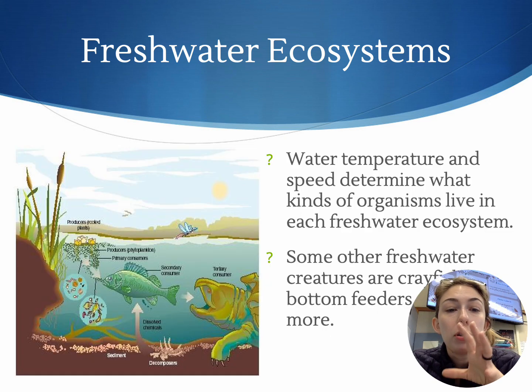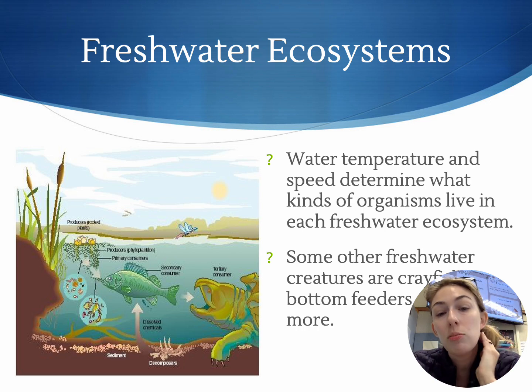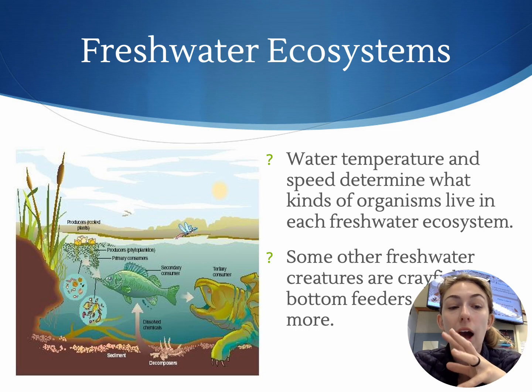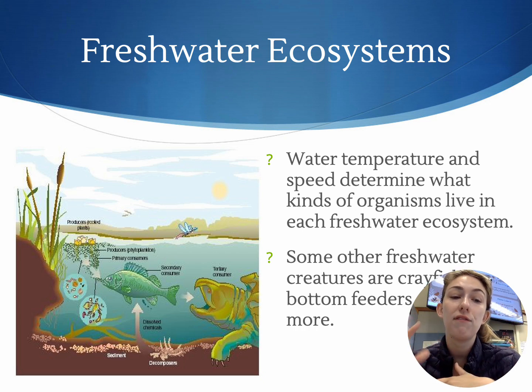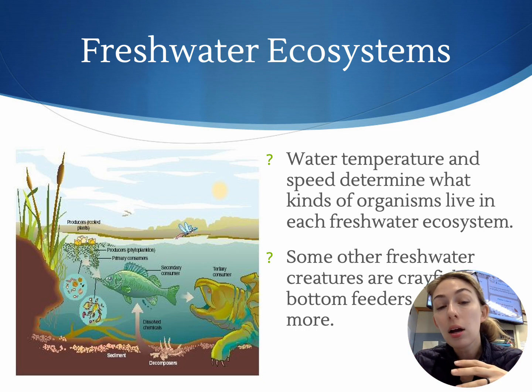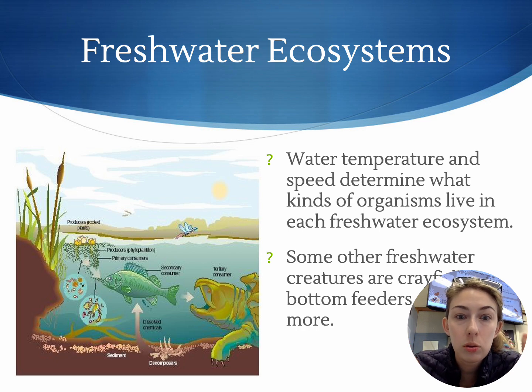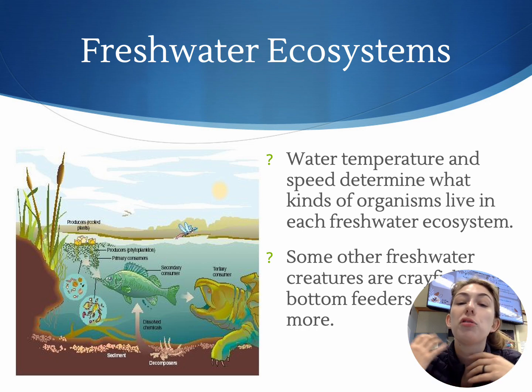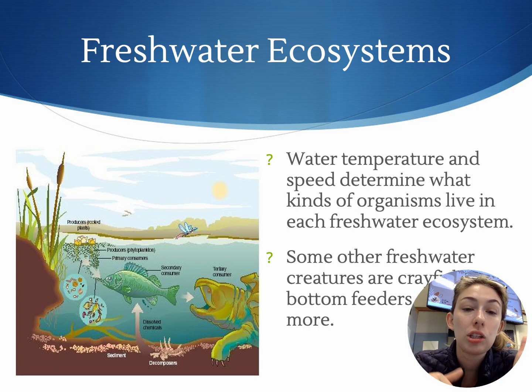The water temperatures and speed really determine what kinds of organisms live in that freshwater ecosystem. A lot of times, if the water is moving too fast, you're not going to have as many fish or insects in there. For example, mosquitoes, they like still water. Dragonflies, they need to lay eggs on more still grass.